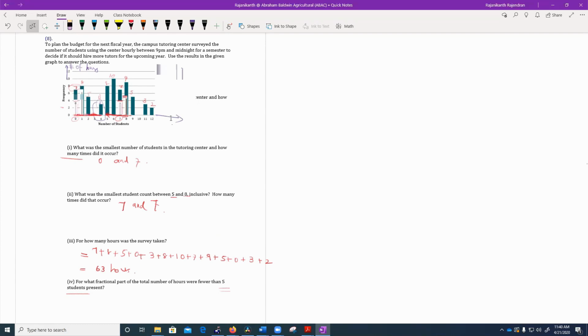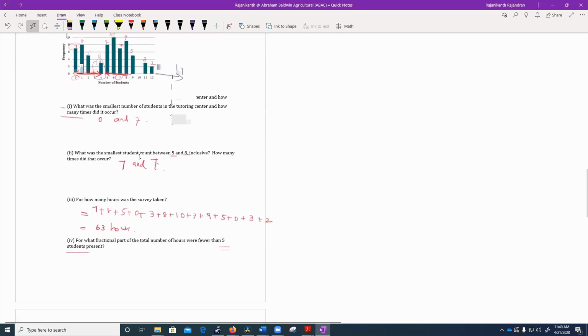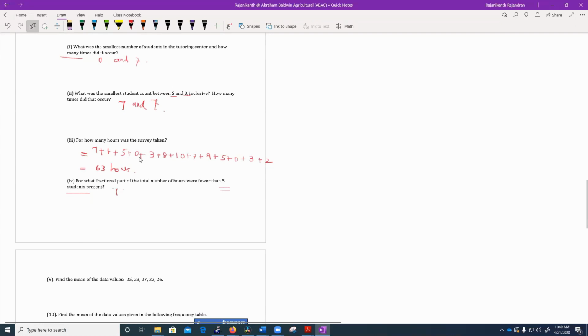This range. Simply add all the corresponding heights of the bars, hours. So that is 7, 8, 5, 3, which is 23, out of the total number, which is 63.